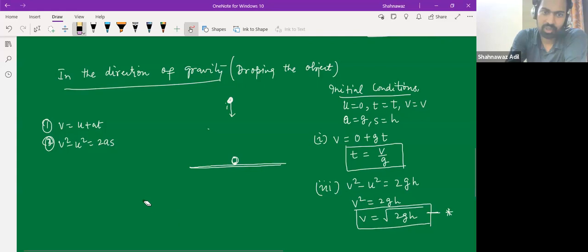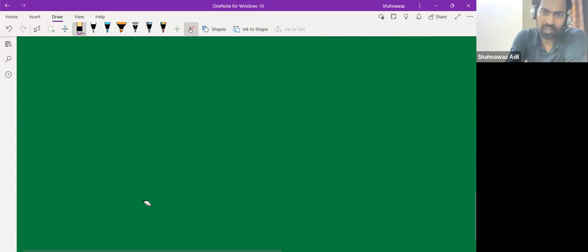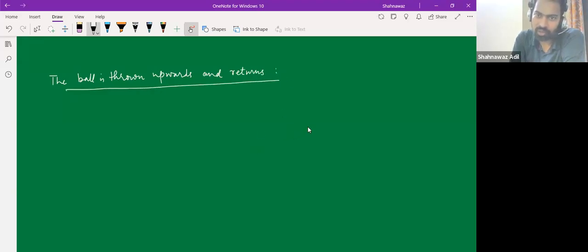Yes, sir. Okay, now we have the mixed problem. In this problem, what we do is that the ball is thrown upwards and returns. So this is this kind of scenario. We have thrown this ball upwards, then it reaches here and then it falls back.